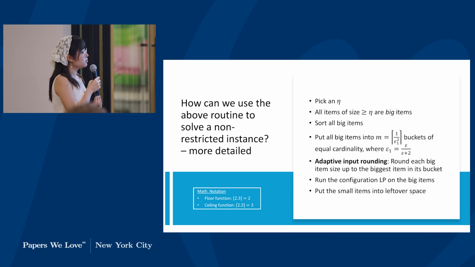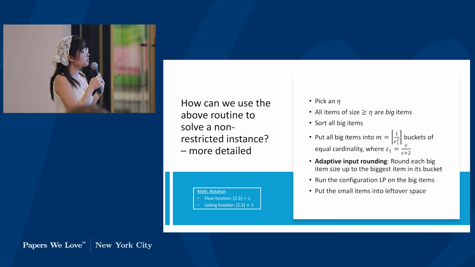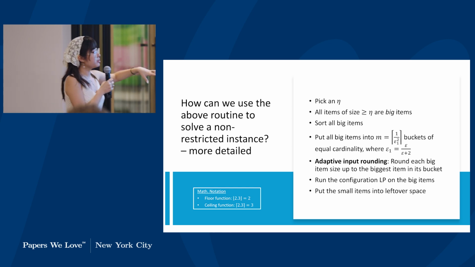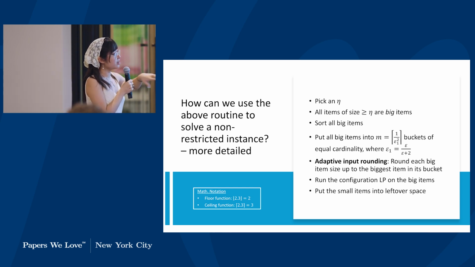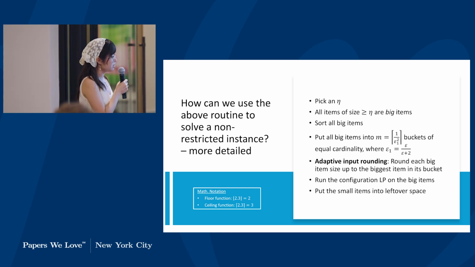Now you run the configuration LP on these big items after you reduced their granularity. After you put the big items into their bins, you put the small items into the remaining leftover space.